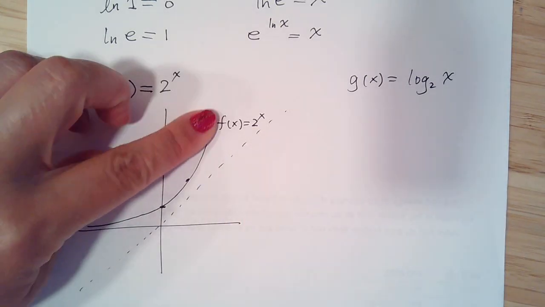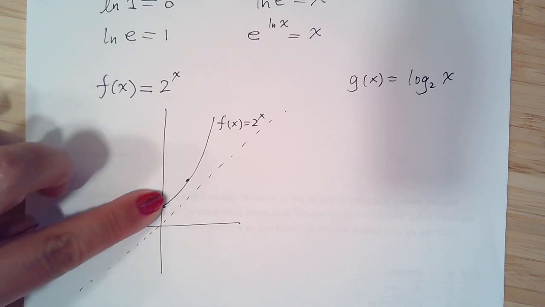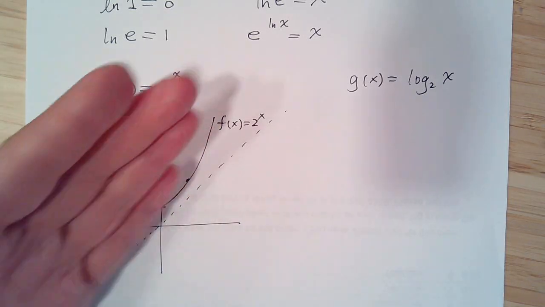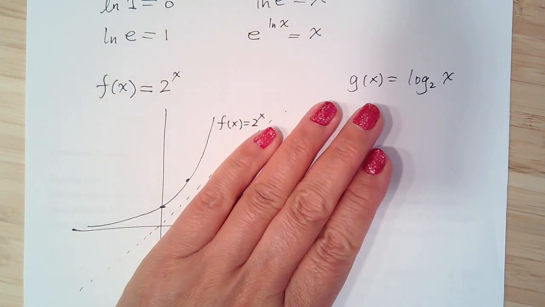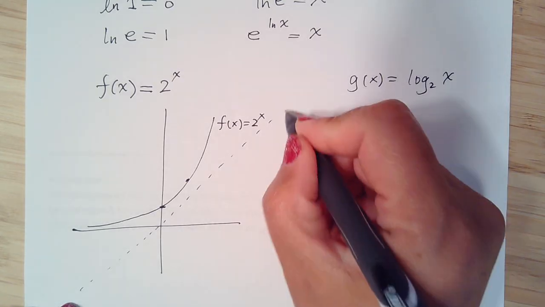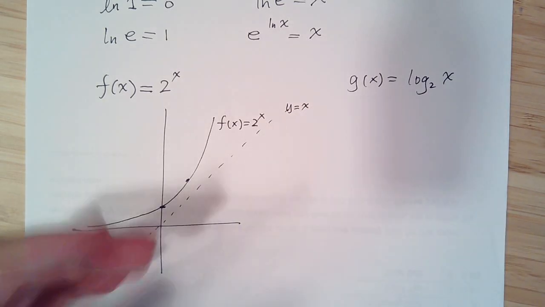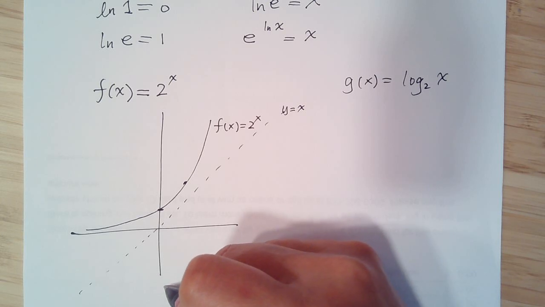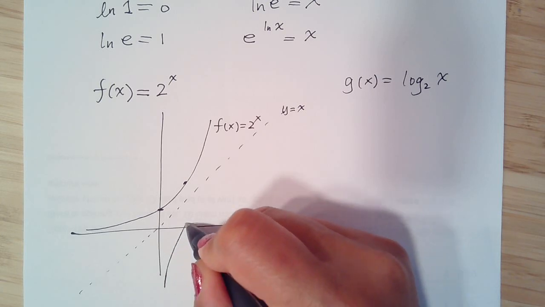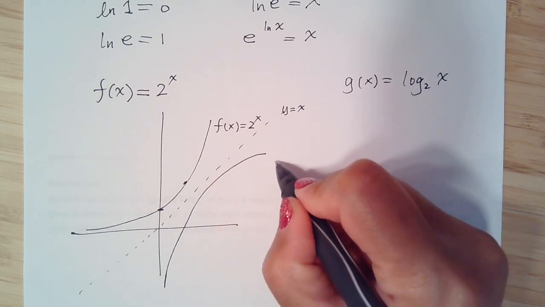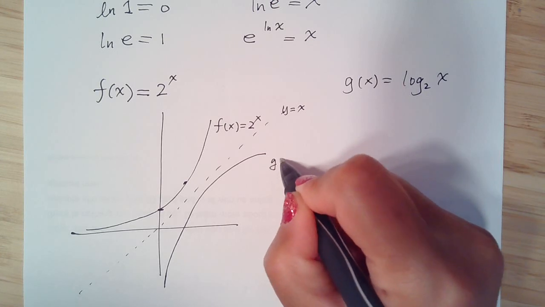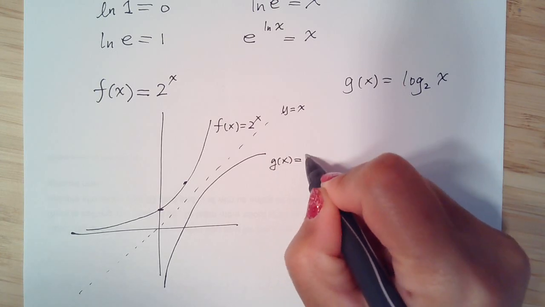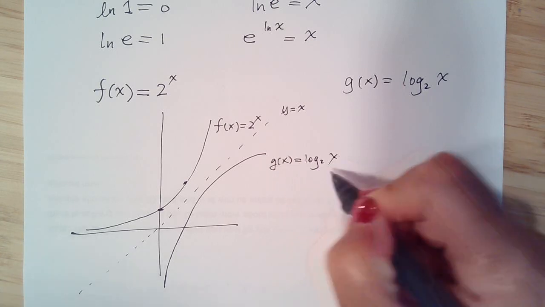Therefore, if you have your f function, the exponential function is here, and then you just flip along the y equals x, this 45-degree line, and then that would be your log function. So it's going to look like this. And this is g of x equals log base 2 of x.